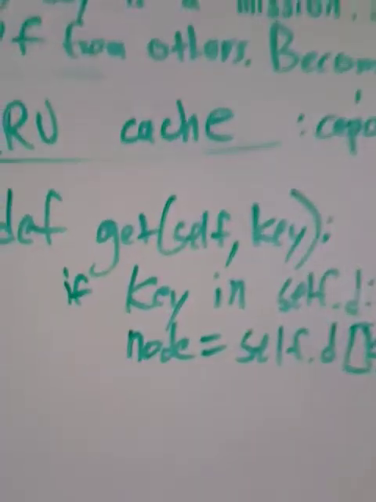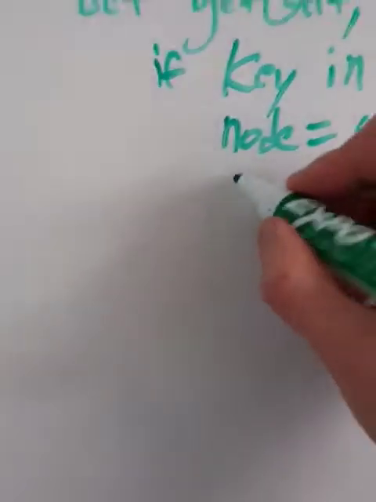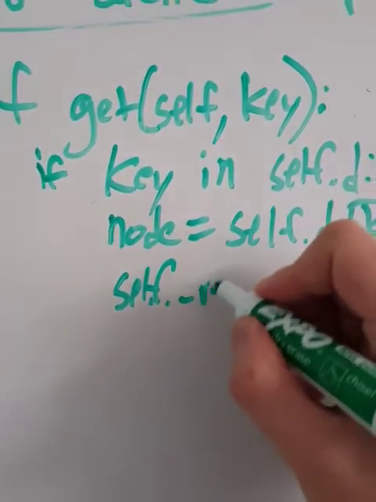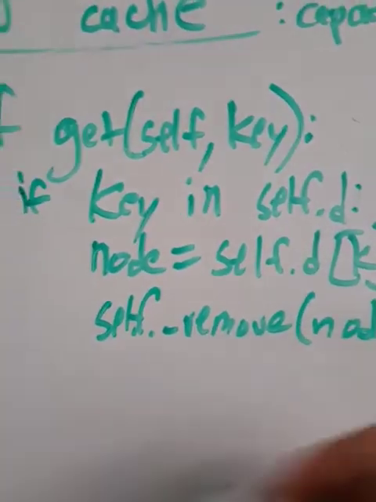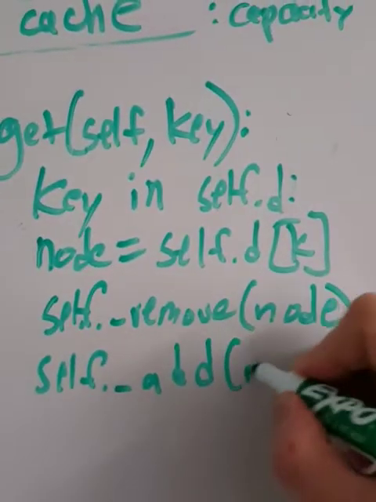So that's why we have it written like that. And we have our remove and add functions that we wrote before, so we can just call these here. So let's say self.remove the node, and then self.add the node.